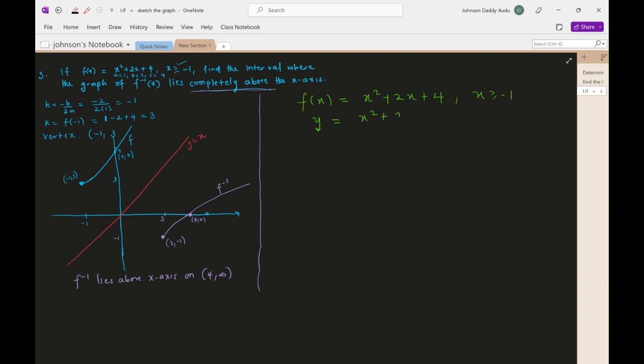y is x squared plus 2x plus 4, with x greater than or equal to minus 1. How do we find the inverse? You interchange, so you have x equals y squared plus 2y plus 4, and then you have to interchange the condition also. Now we have to use completing the square.